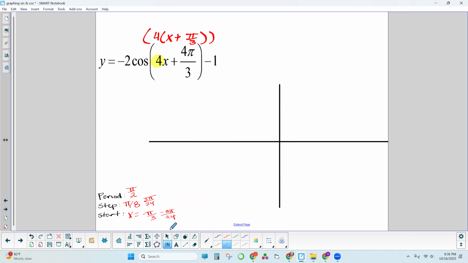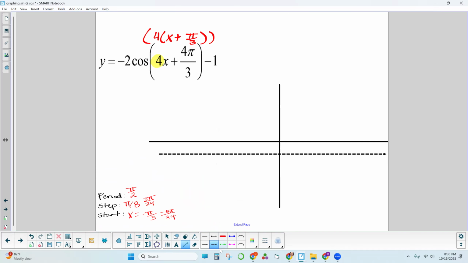All right, let's look at our midline. Our midline is on the x-axis at y equals 0, unless the graph has been shifted vertically, which this one has. So we're going to shift that down 1 because that's what it says to do right here in the function.